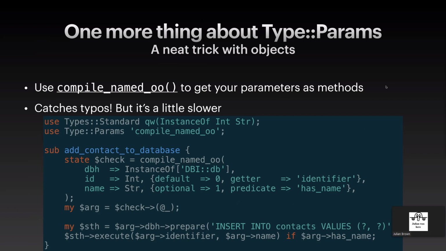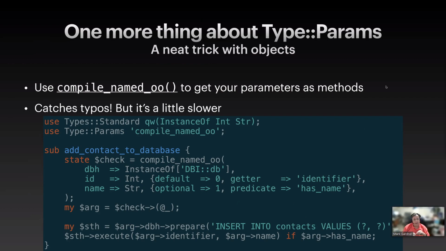I'm not quite understanding the getter and the ID. Okay. Because in DBH, you just say arg DBH. It's a method, so you can continue calling into it because it returns an object, I guess. Yes, DBH object. But the ID, it says it's an integer. Right. So if I said $arg ID, would that be different than if I said $arg identifier?